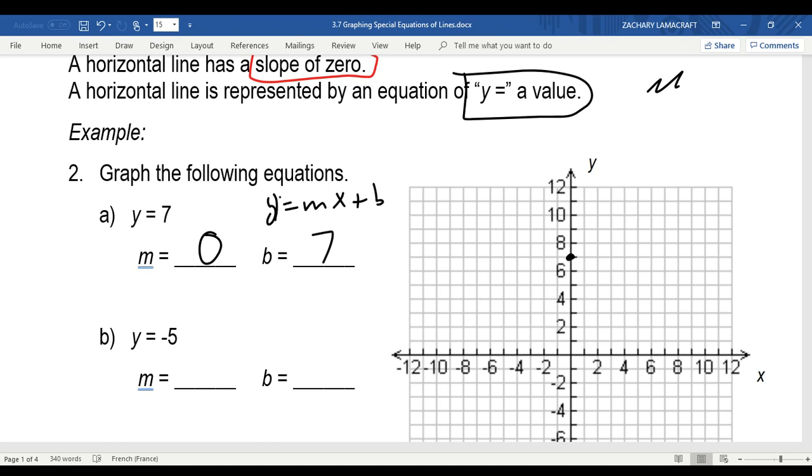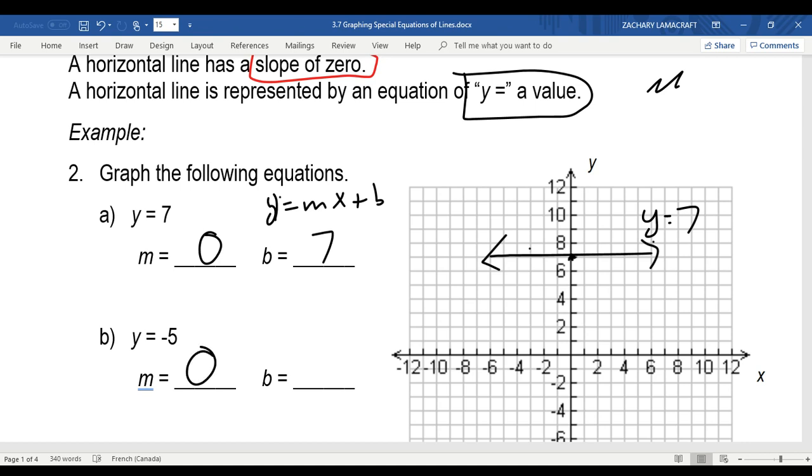And since it has no slope, it's a totally horizontal line. And it would look like this. Y equals 7. So for the next one, our slope would be what? 0.